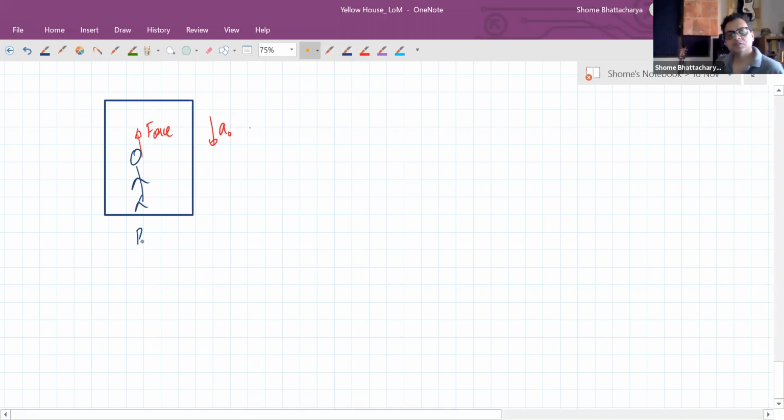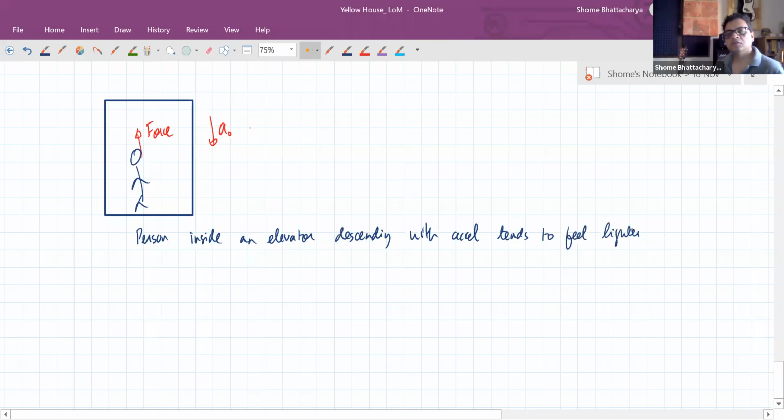So the person inside an elevator, okay, descending with acceleration, tends to feel lighter.